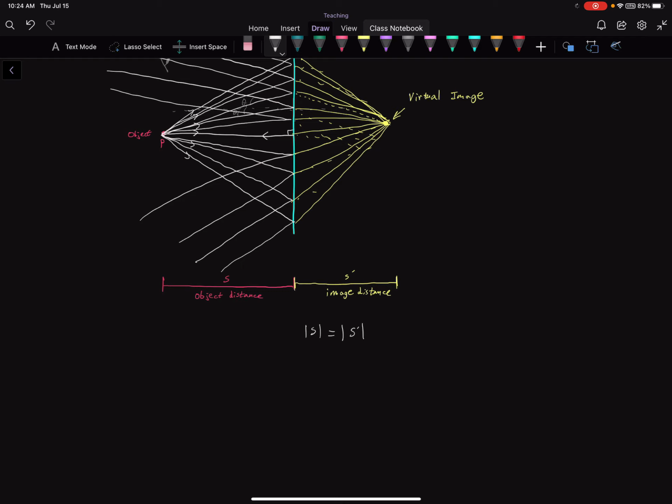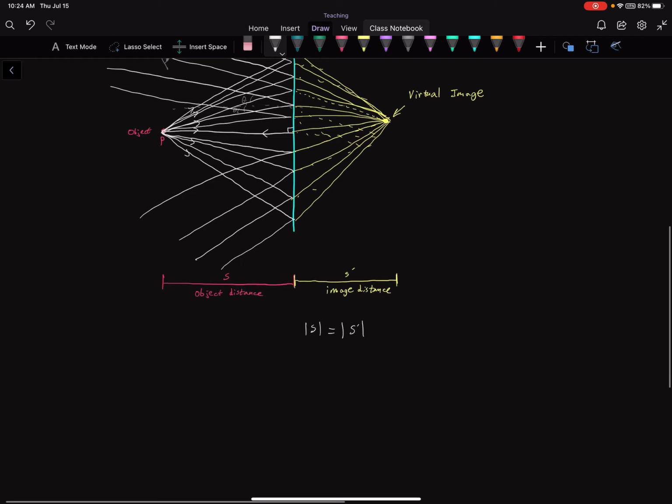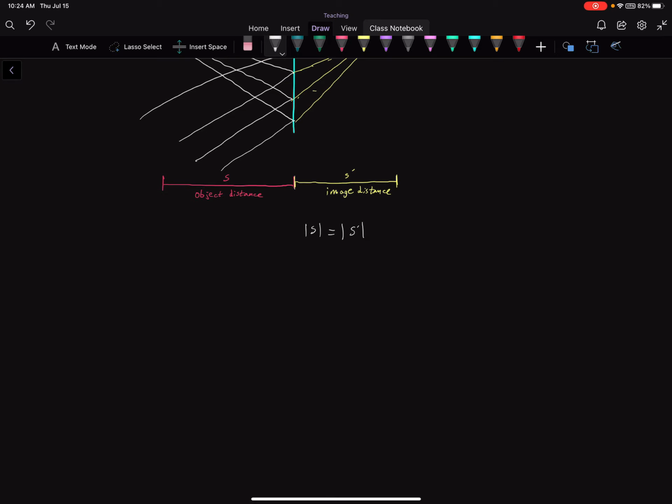image distance. And you can verify this by noting the two triangles in this drawing that I'm about to draw.